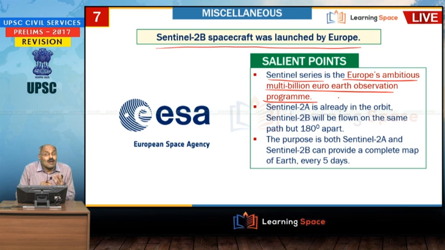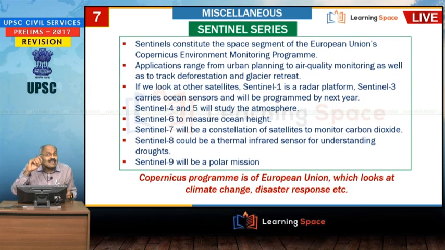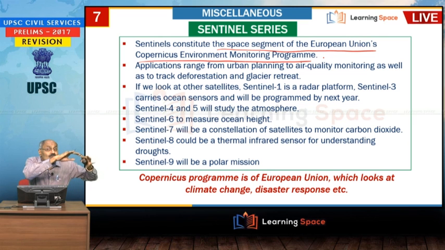It is an Earth observation program, and here you see Sentinels constitute the space segment of the European Union's Copernicus Environment Monitoring Program. Overall, this European Union's Copernicus Environment Monitoring Program is there.